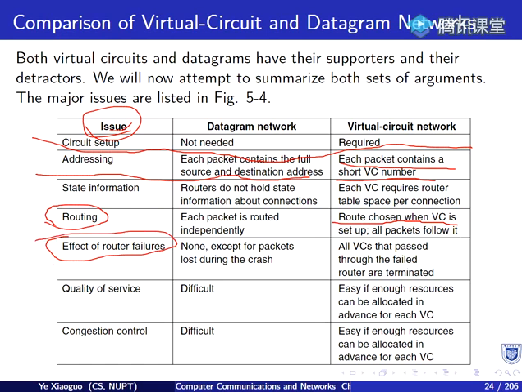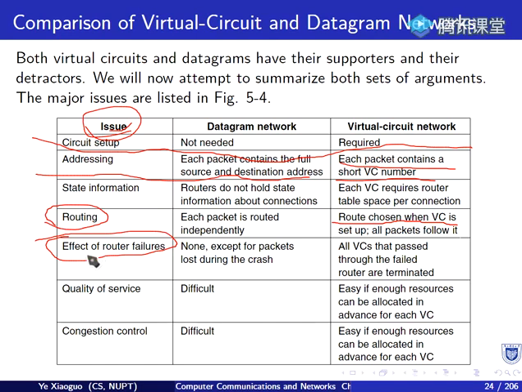Next issue is the effect of router failures. Datagram network: none, except for packets lost during the crash of routers. Virtual circuit network: all virtual circuits that passed through the failed router are terminated.